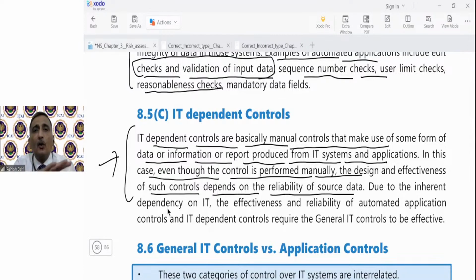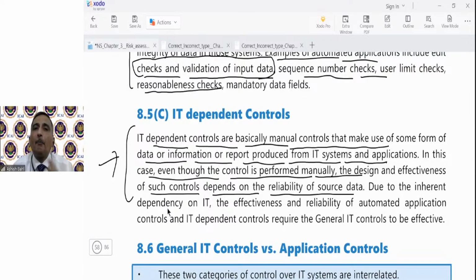These relate to many applications in the business, and these can be data center and network operation controls, program change controls, how a program is to be changed, access security controls, and controls over application acquisition, maintenance, and development, how new applications are to be acquired. So these we call general IT controls.